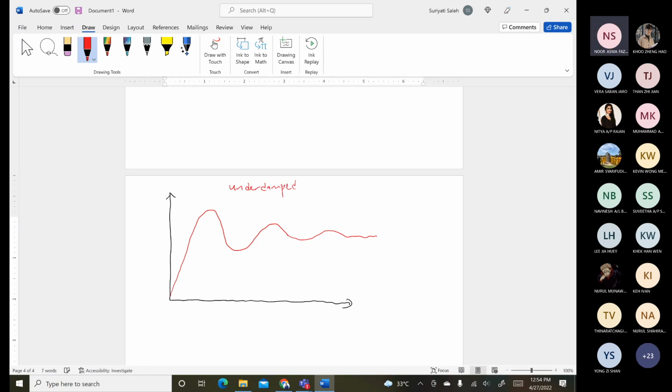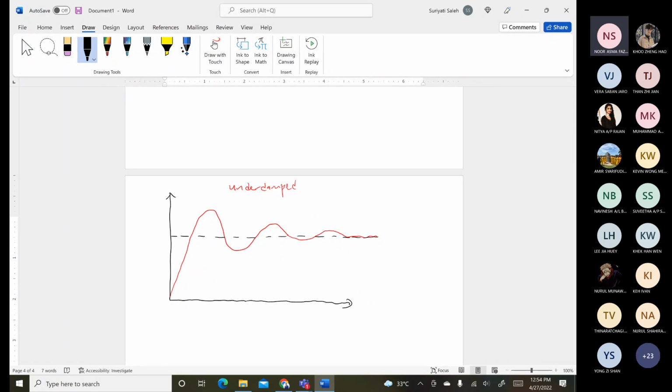If we take a look, although it is oscillating up and down, in the end it reaches the steady state value. So this is the steady state value, meaning that at the final time, it is still maintained at the final value.